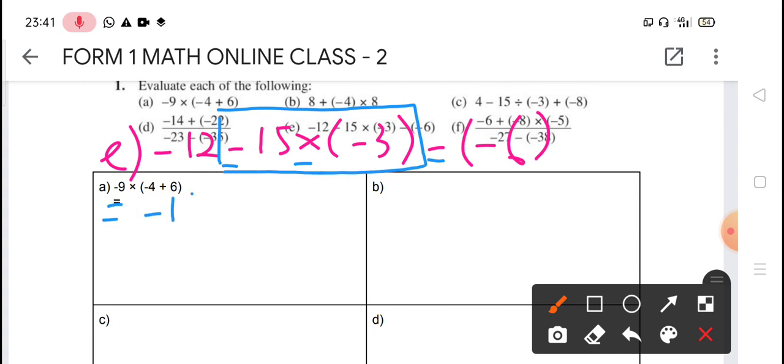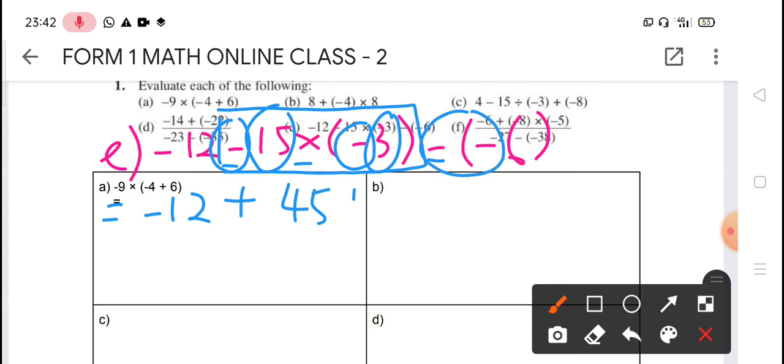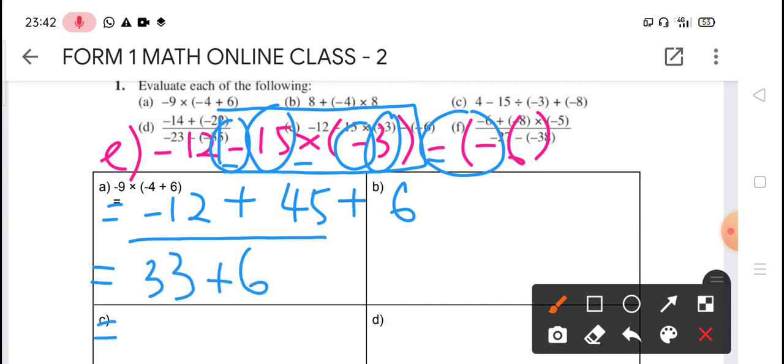So negative 12, still negative 12. 15 multiply 3, we get 45. Negative multiply negative, we get positive. Negative, negative, we also get positive 6. Okay, then now you do from left to right. So negative 12 add 45, you get 33. Again, add with 6, you get 39 for your answer.